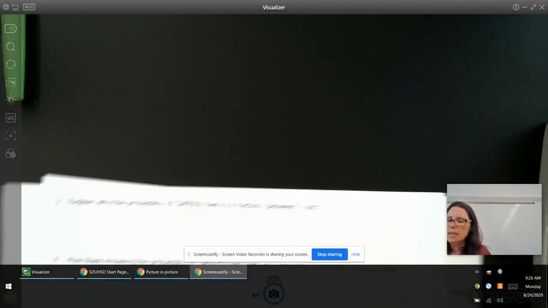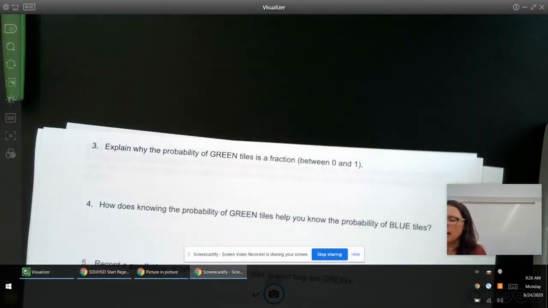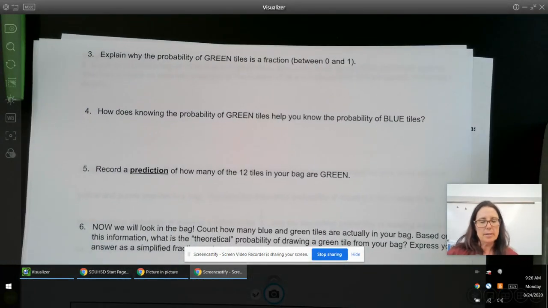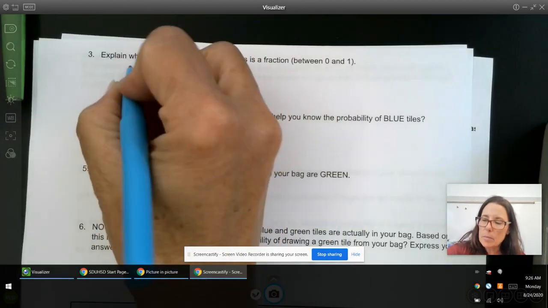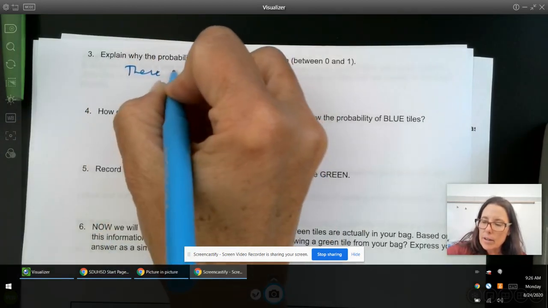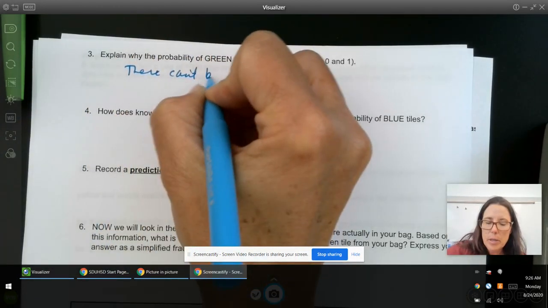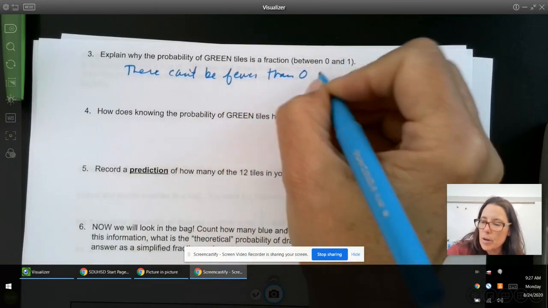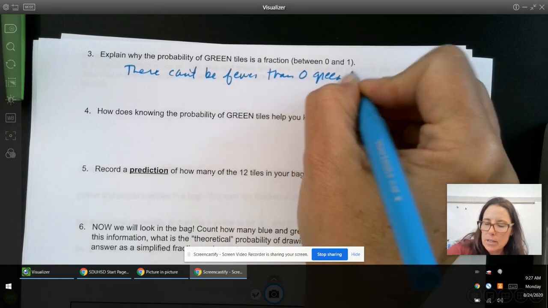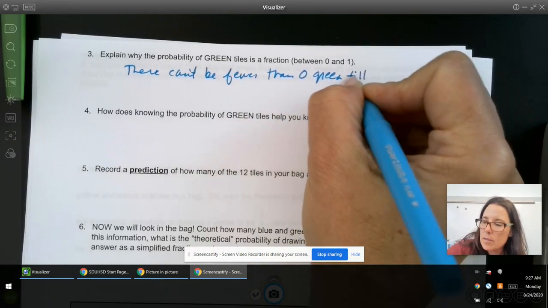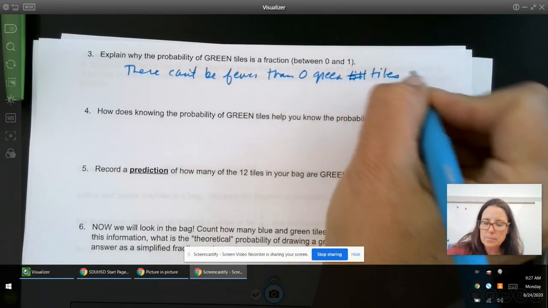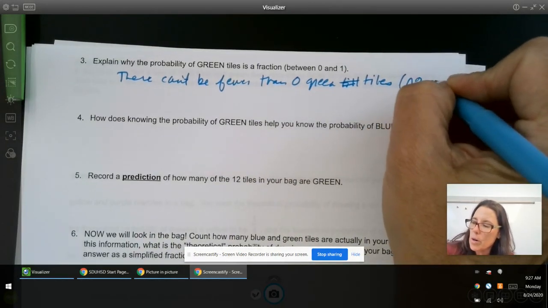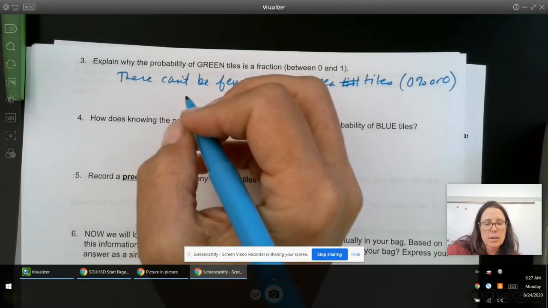Explain why the probability of green tiles is a fraction between 0 and 1. Well, there can't be fewer than 0 green tiles. That's a 0% or 0.